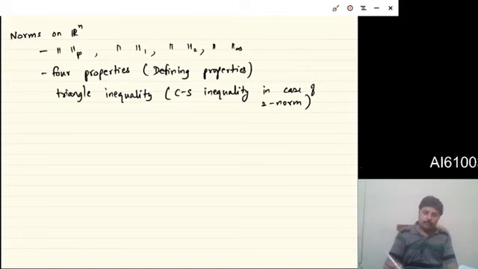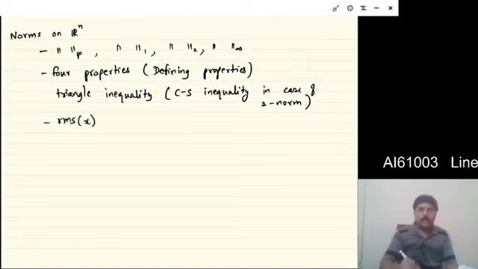And once the concept of norms was defined, we defined the RMS value of a vector x.